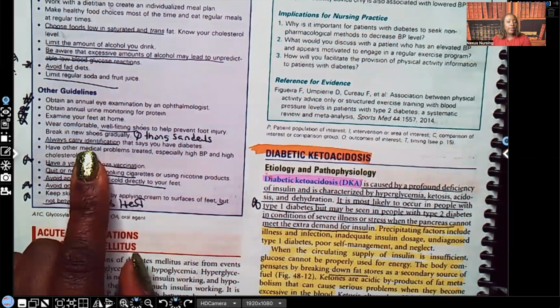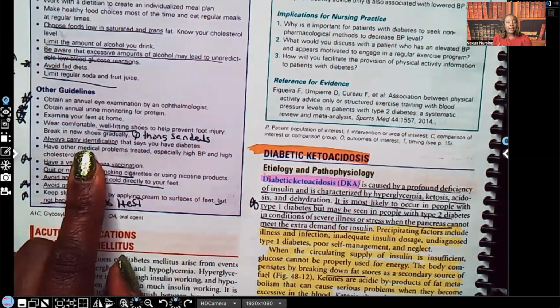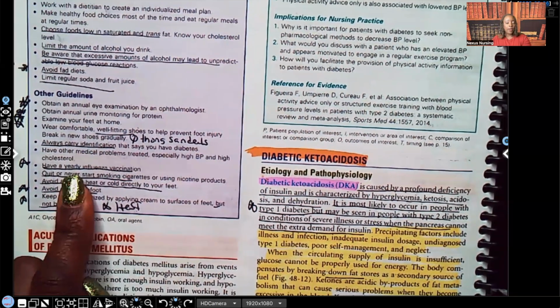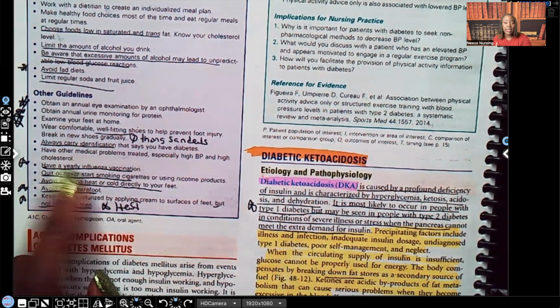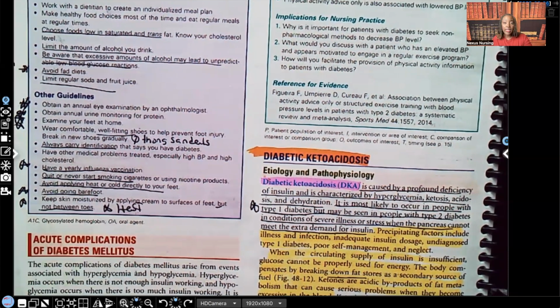Teach them to always carry identification that says they have diabetes, a medic alert bracelet, and to have a yearly, let me tell you something. Patients with chronic conditions need to be the first ones in line every season getting their flu vaccine. They need to be the first one, and yes, I said it, getting their COVID vaccine.